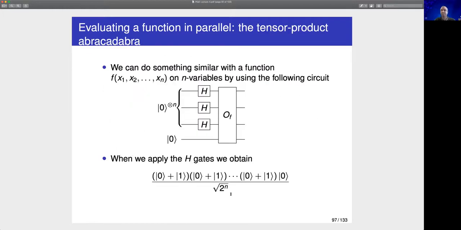We can do this also with n-qubit systems. Now we will have, of course, n qubits as the input of the function. Now we have a function with n Boolean variables, and what we do is first use the Hadamard gates to have all these possible inputs in superposition.